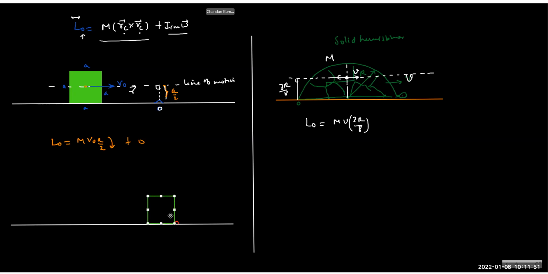The bottom is stopped. So what will happen to the body? If the bottom cannot go forward, what will happen? It will topple. So now it will spin about this axis. This will act as a hinge, because about this point, the entire body will spin. Understood?